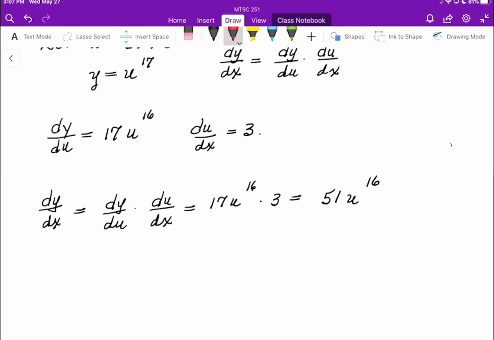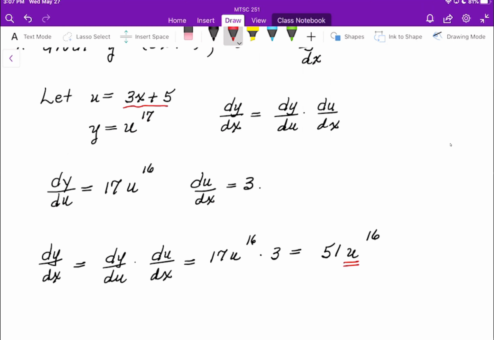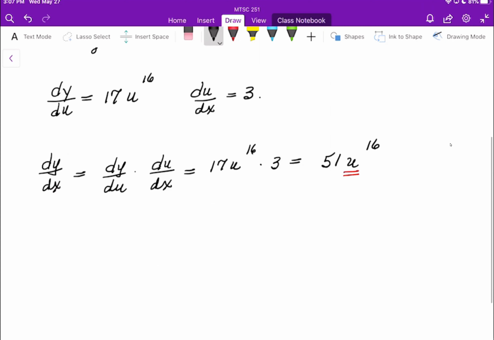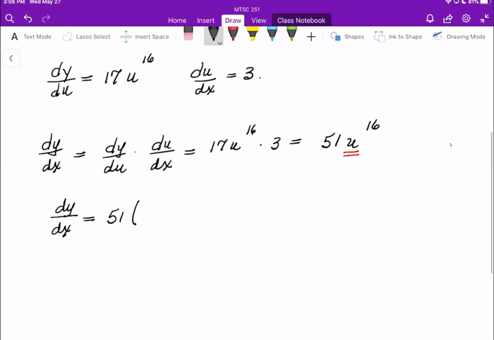But we need to change u back to our original definition of u. So we now get that dy/dx is 51 times (3x + 5) to the 16th power.